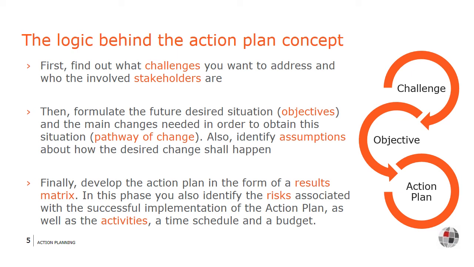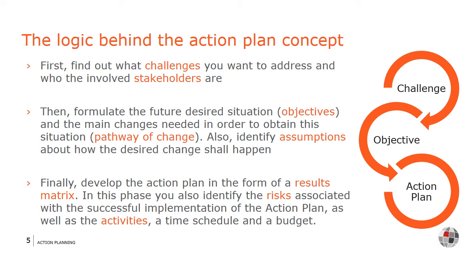On the basis of the analysis, you can start developing the actual action plan, for instance in the form of a results matrix, stating the desired results at different levels. In this phase, you also identify the risks associated with the successful implementation of the action plan.